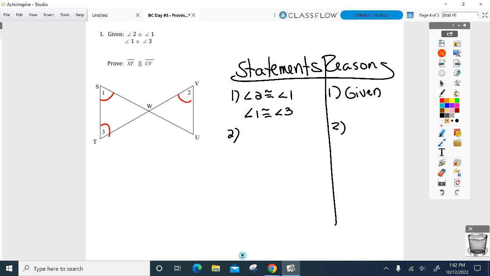Okay, got them marked, got the statements, reasons in. Here's what I need you to get in the habit of. If I ask you to prove 2 lines are parallel, I need you to do this first. Look at those 2 lines right now, ST and UV, and I need you to find a special pair of angles using those lines. What do I mean?